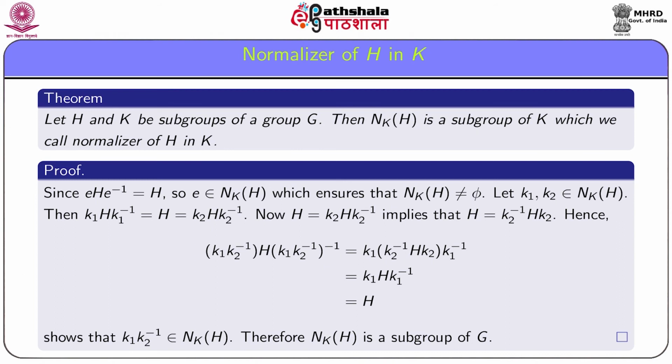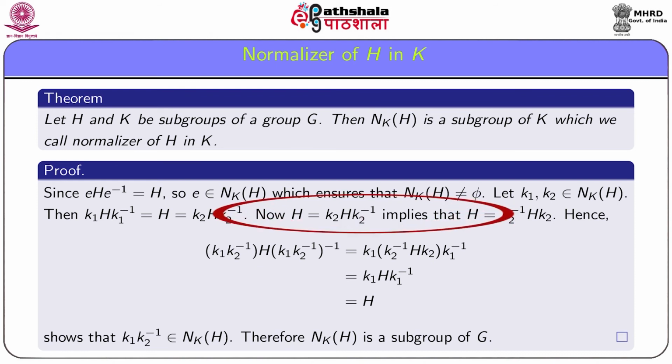Now to show that this is a subgroup, consider k1, k2 from N_K(H). Then k1Hk1^{-1} is equal to H, which is equal to k2Hk2^{-1}.